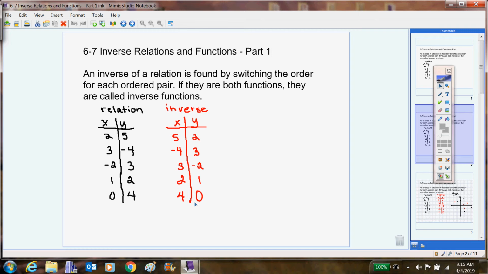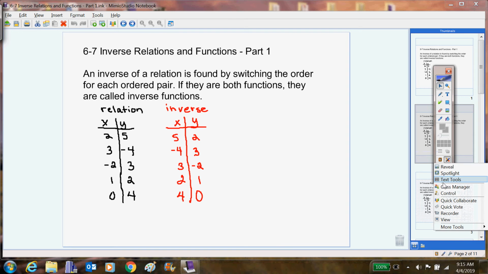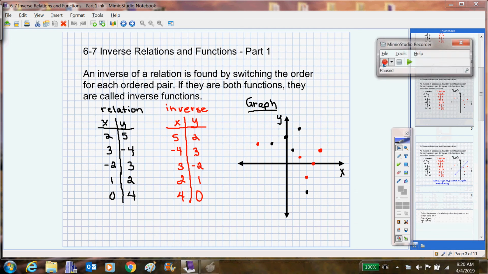But what I'd like you to do is either do it with a pencil for one and a pen for the other, or maybe you can do X's and dots, or maybe you can use one color and another color, or a highlighter or something, so that you're differentiating between the relation and the inverse. But I would like you to make a graph, please, of both. And I'll put this on pause for a second so that you have time to do that, and the people who are listening at home would have a chance to.